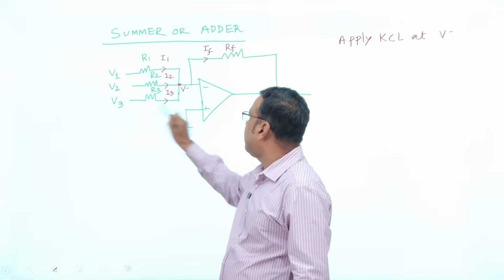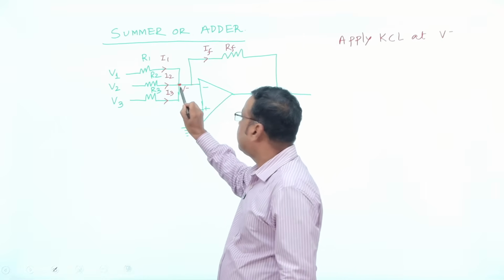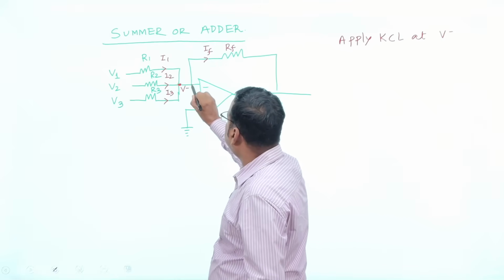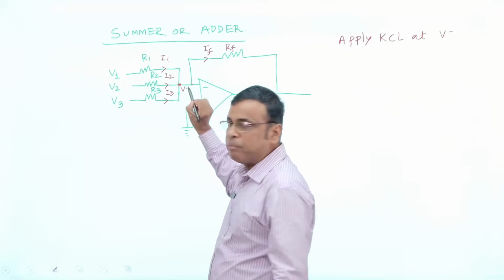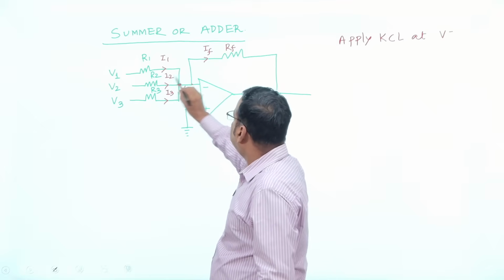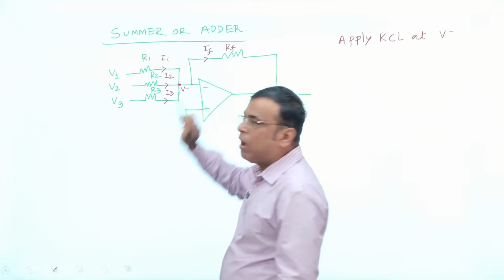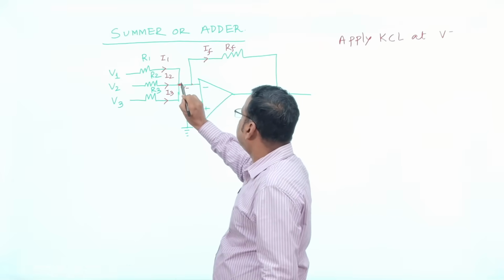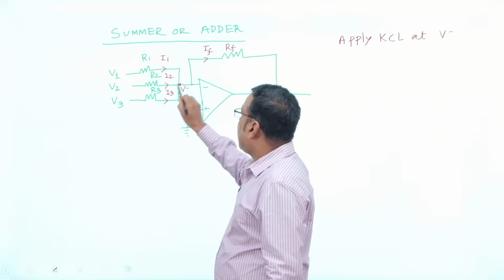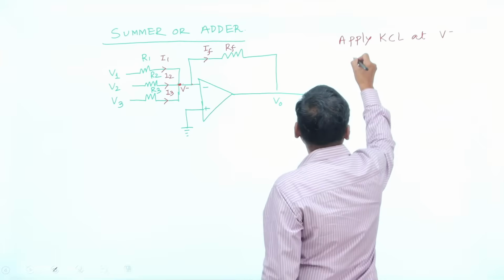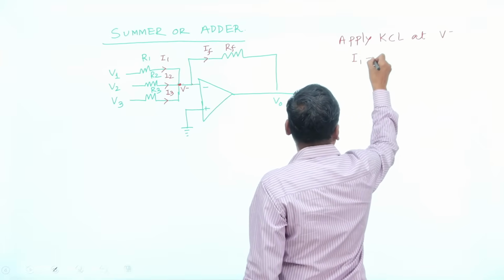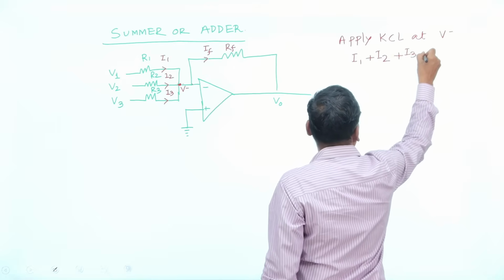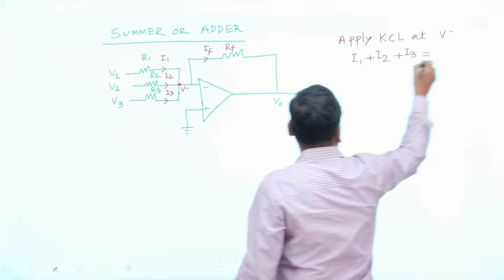I1, I2 and I3 are incoming currents to the point V minus, three resistors and three input voltages, and IF is the outgoing current. Applying Kirchhoff's current law at this point, I1 plus I2 plus I3 equals IF.